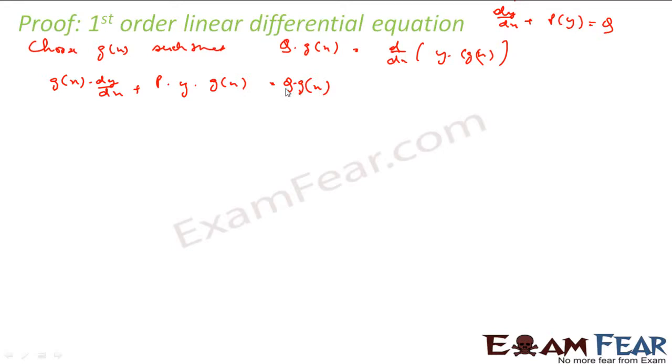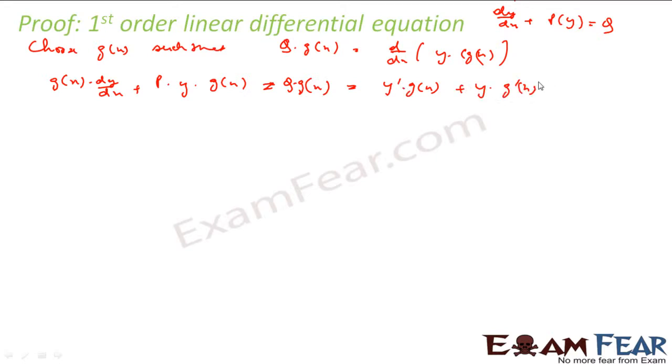Correct? Now I told that my Q into g(x) says that this guy is equal to this guy. So this I'll write as y dash g(x) plus y into g dash x.